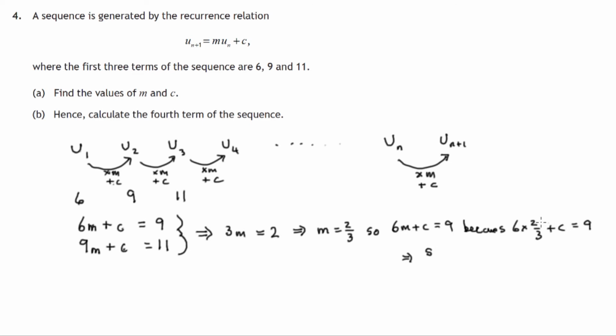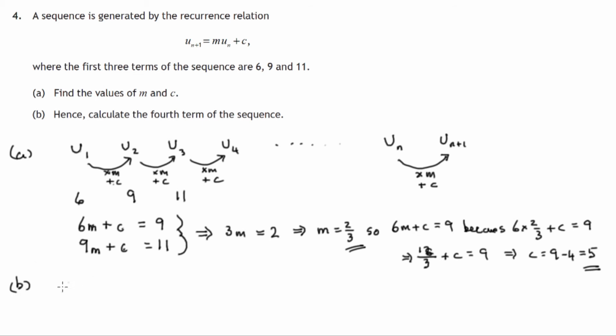Sorry, 6 lots of 2/3 would be 12/3. 6 times 2 is 12. 12/3 plus c equals 9. So therefore c is 9 minus 12/3. Now 12/3 is 4, so that's 5. We're getting 5 for that. So we've worked out, this is part A, find the values of m and c. We've worked out c is 5 and m is 2/3.